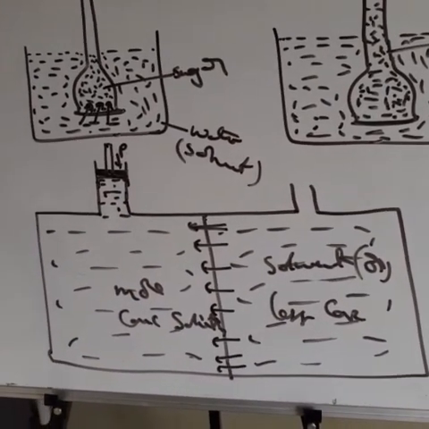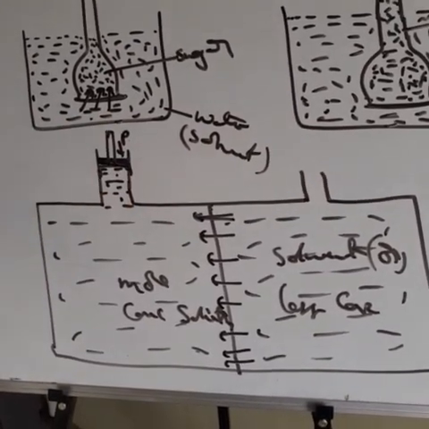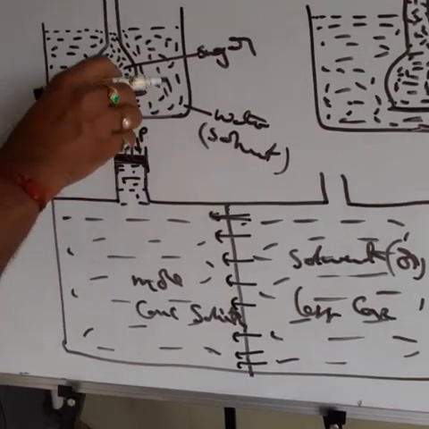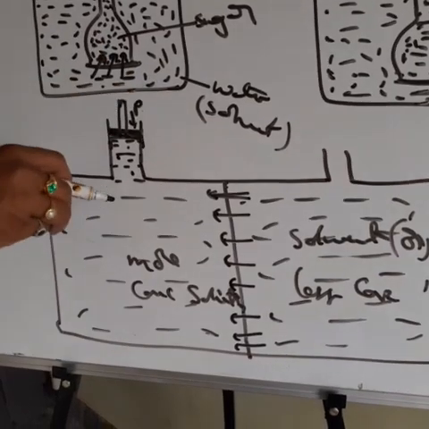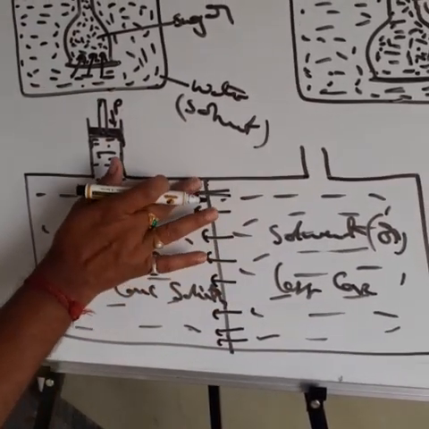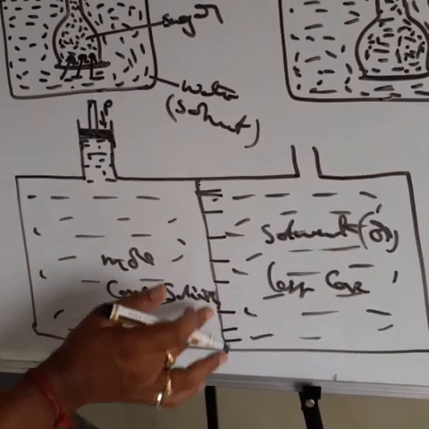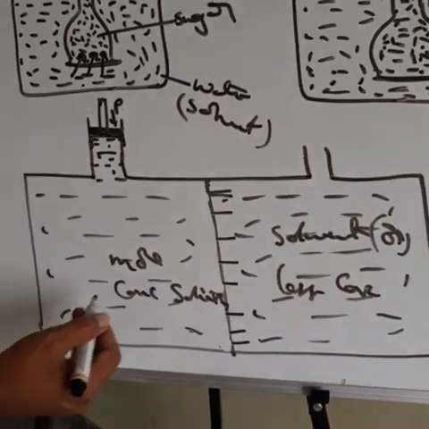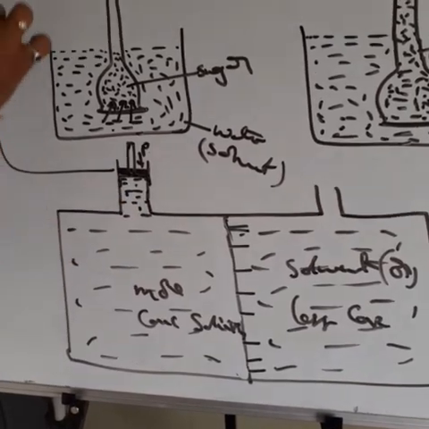So what is osmotic pressure? The pressure exerted more than the osmosis. When you apply more pressure than the osmosis pressure, the flow of solvent particles from less concentration to more concentration, or solvent to solution, is stopped. That phenomenon is called osmotic pressure.